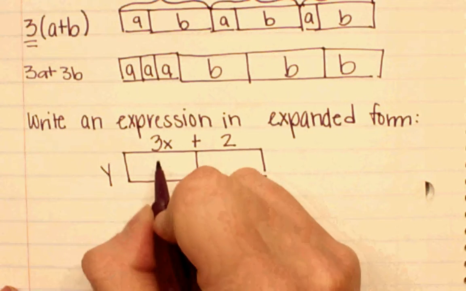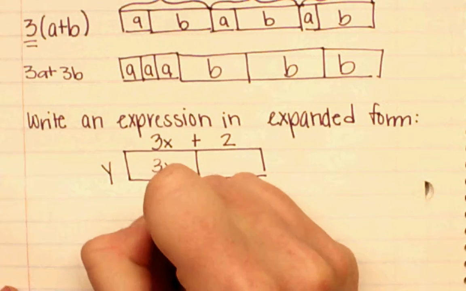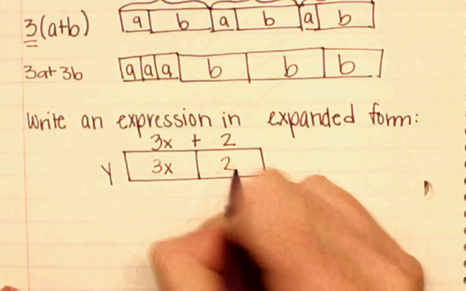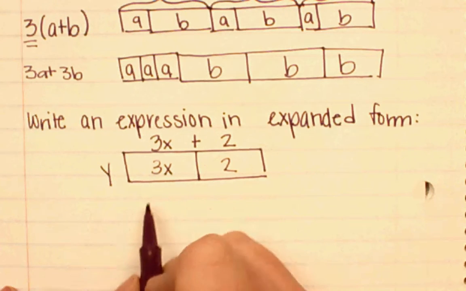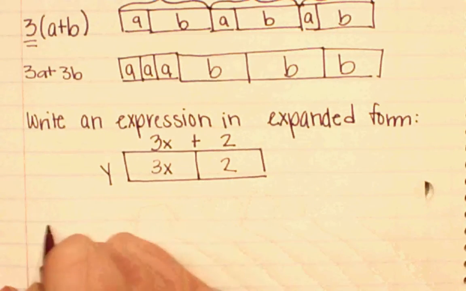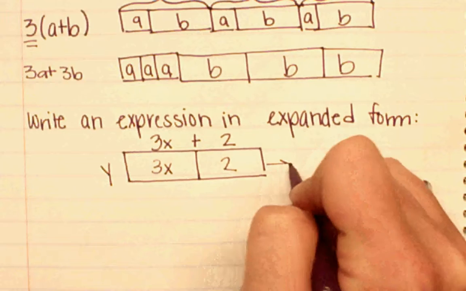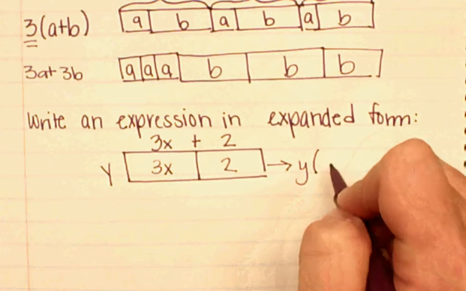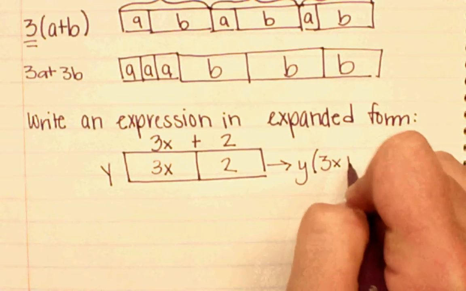Really, with 3x being on the top, it's saying that this box represents x and this box represents y, or 2. So if we were to write this in expanded form, it would look like y multiplied by (3x plus 2).